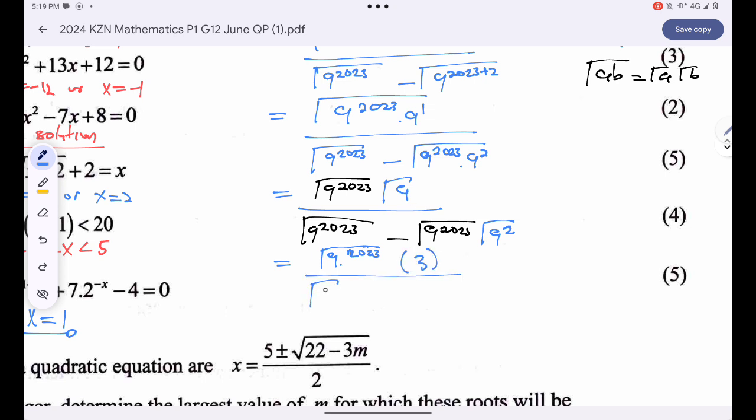And then I'll take out the common factor at the bottom, 9 to the power 2023. When I take out 9 to the power 2023, I'll be left with 1 minus the square root of 9 squared, which is just 9. So these two will just cancel one another. I'll be left with 3 divided by negative 8, which is just negative 3 over 8.